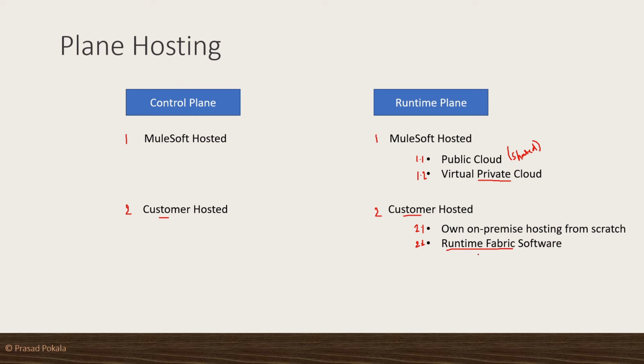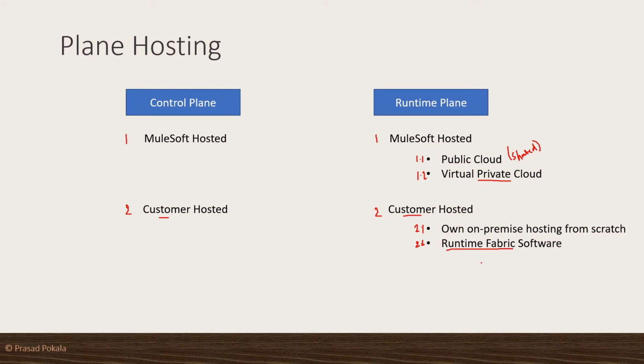You may think, okay, anyway it's customer hosted, what is the difference between installing runtimes on your own on direct machines or servers or VMs, and this Anypoint Runtime Fabric? How does it help? Yes, let me explain. The bare minimum way, how the customer has to install, is completely the responsibility of the customer side. It depends on the knowledge their teams hold and how they know the best way to set up, and all these combinations come in, and it is very tedious, as you know, right?